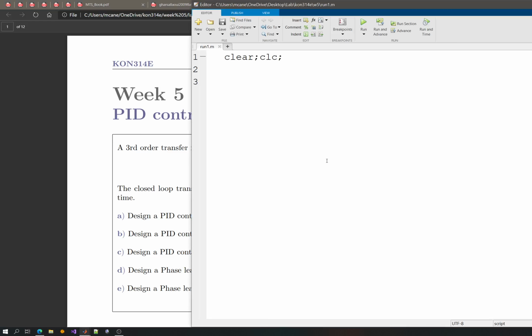Now I am going to define the system here. Before that, I need to define the symbol S. Then G(S) is equal to, let's say, 100 divided by S times (S plus 2), I guess, times (S plus 5).